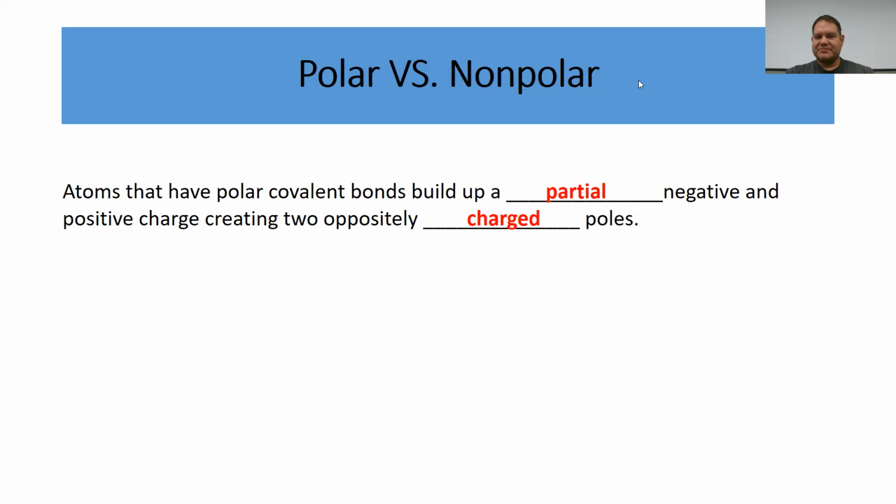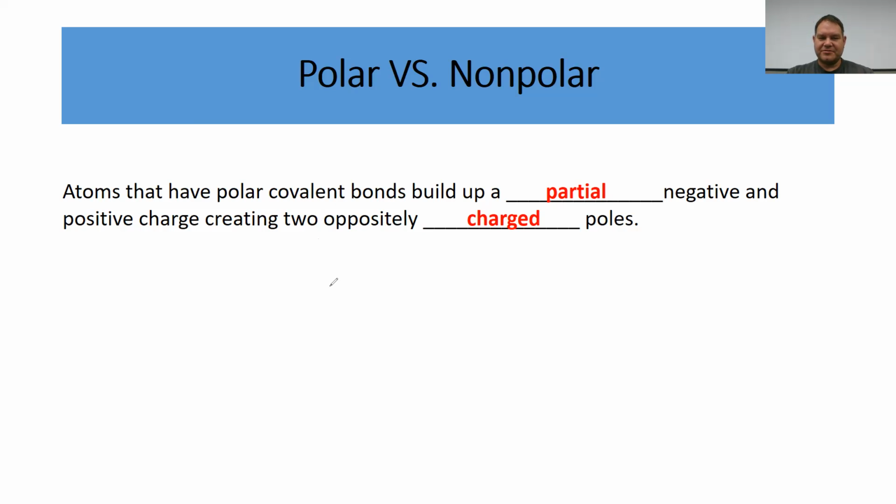All right, so as we mentioned before, there is going to be, in a polar covalent bond, an unequal distribution of negative and positive charge, okay? So we're going to create the two poles, and as a result, we do form a slightly positive charge versus a partial negative charge.